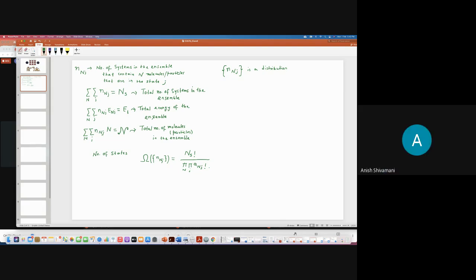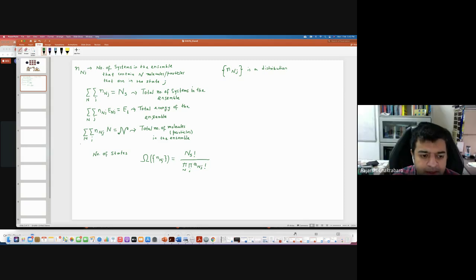And the distribution that maximizes this omega, actually we take the log and maximize that, subjected to the appropriate constraints, you know the constraints which are written.